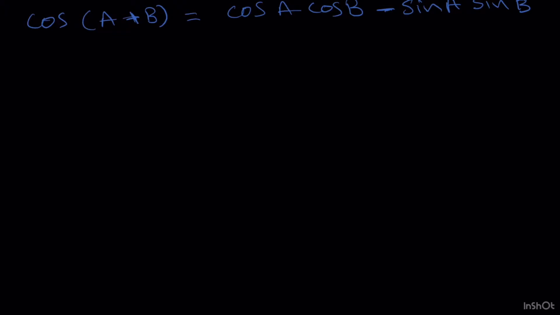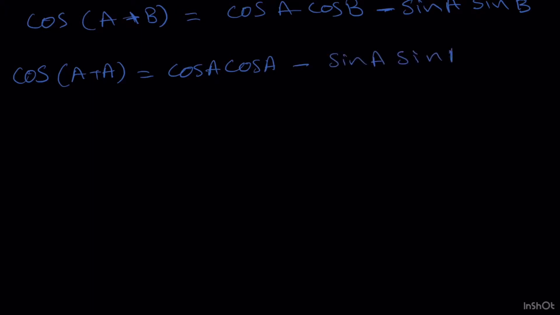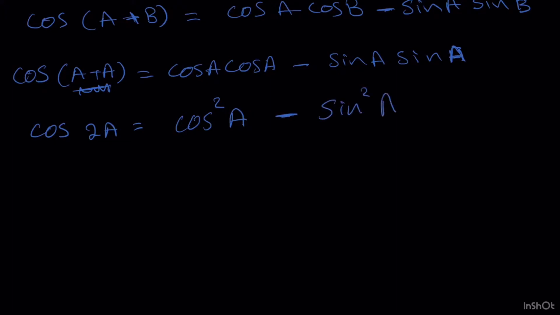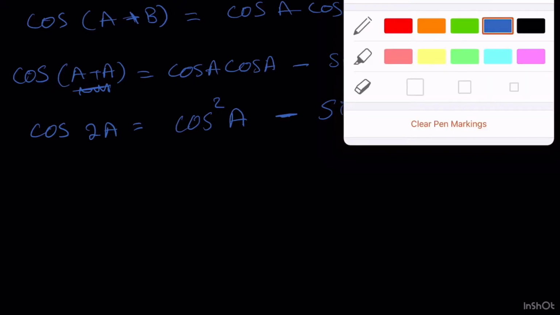If the two angles are the same, then in that case it's going to be cosine A plus A, which is cosine A cosine A minus sine A sine A. If we add these two A's together, that's 2A.